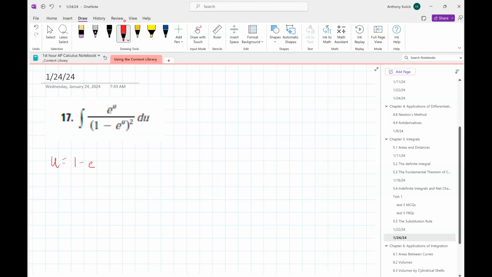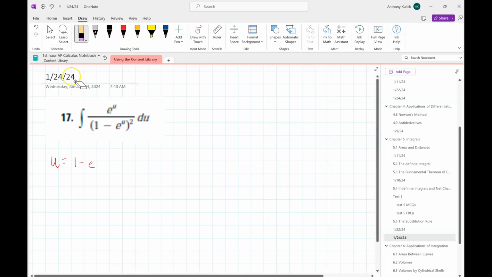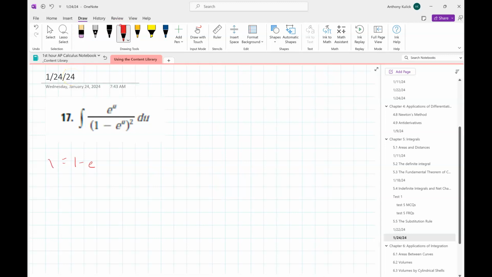Yeah. And I guess I'm going to call this V so there's not any variable confusion going on here, since the problem has U's in it. So the derivative of V is just negative e to the u.